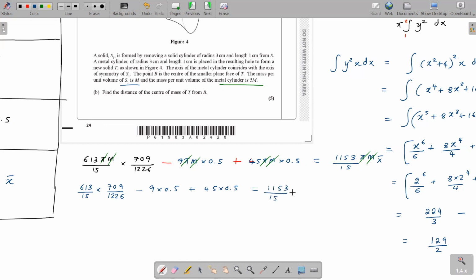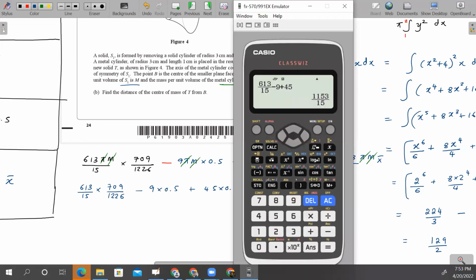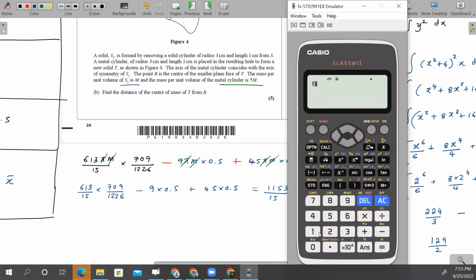Okay, so it's a matter of typing in the calc now, isn't it? So give the value 613 over 15 times 709 over 1226 minus 9 times 0.5 plus 45 times 0.5. Shall we get that answer first? Yeah.